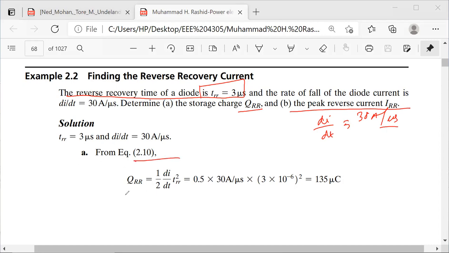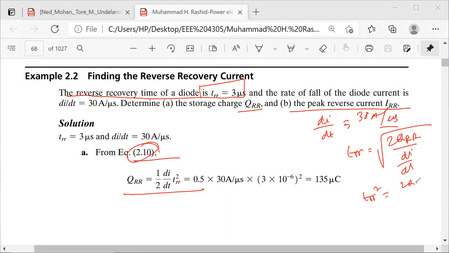From equation 2.1, TRR is 2QRR divided by di by dt. With di by dt given as 30 and TRR given, you can find out the QRR, right?